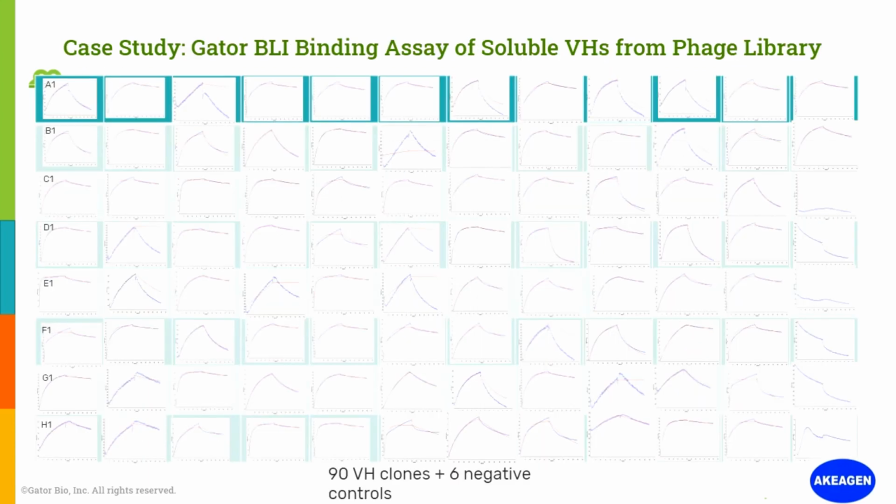So this is real data, and this is the Gator data. I show the single clones. We can see in the right corner, those are negative controls. There's no binding, so the binding curves are almost 0. And we can see that about a third of the clones show strong binding to the antigen, which is the cytokine.